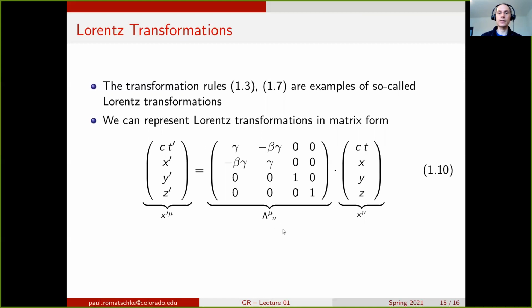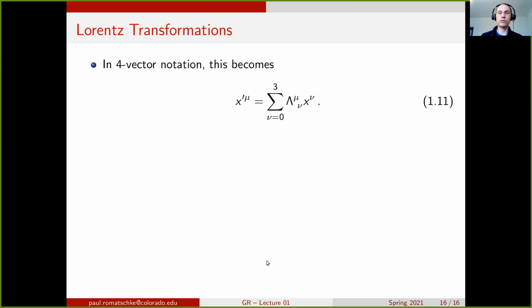It must have 2 indices to specify all the entries of this. And then if we recognize this lambda to be the so-called Lorentz transformation matrix, our transformation rule becomes very simple. It just says that x prime mu is the sum over all values of nu from 0 to 3 of this transformation matrix lambda and the unprimed coordinates x nu.